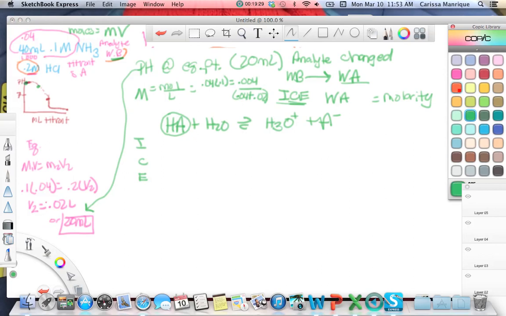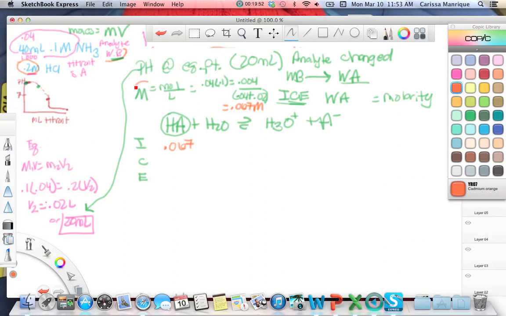Okay, so what is my new molarity? I have 0.004 divided by 0.04 plus 0.02. I get about 0.067 molarity. So I'm going to put that right there. So that's the next hard thing to remember.